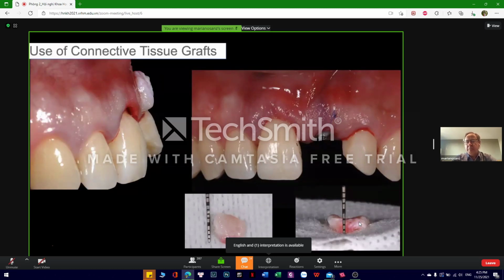So in order to provide this convexity, in order to provide a better emergence profile to our restorations, the state-of-the-art technique is, again, the use of grafts. In this case, not free gingival grafts, because these grafts will be submerged under the mucosa.